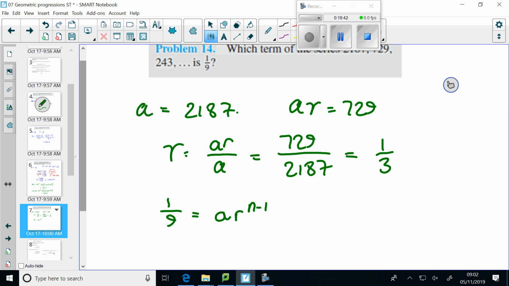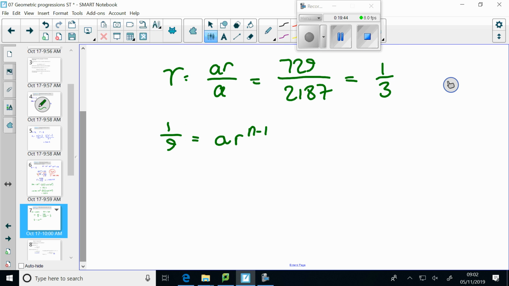So how do I rearrange that for n? No, r is 1/3. That is 1/3. How do I rearrange that so I've got n on its own?